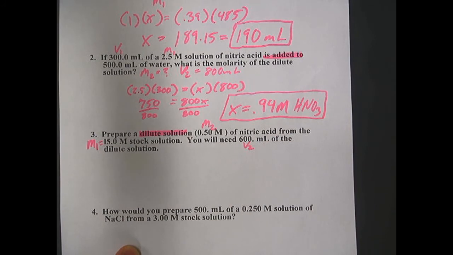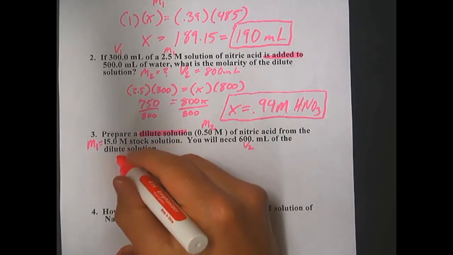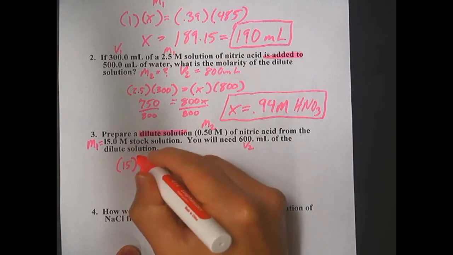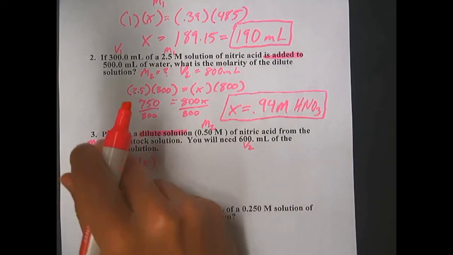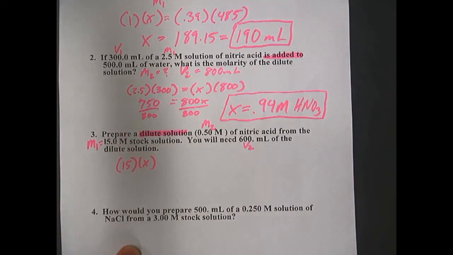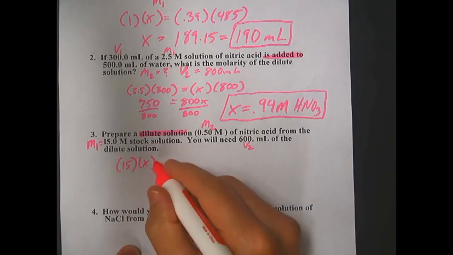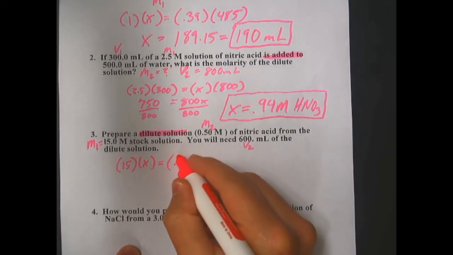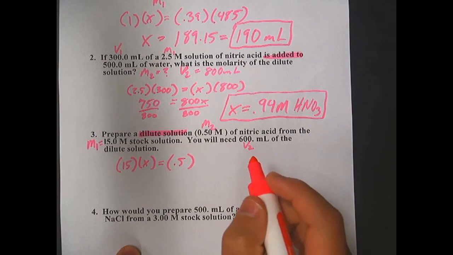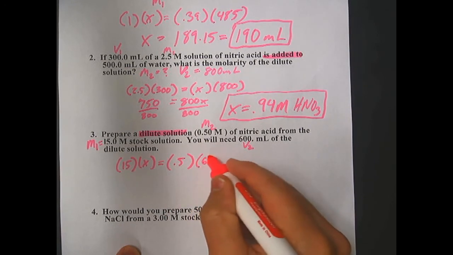All right, so what does that mean we must be solving for here? We're solving for V1. So M1, 15 times V1. How much of that 15 molar solution do we need? That's what we're solving for. We want a solution that's now 0.5 molar, and we need 600 milliliters of it.